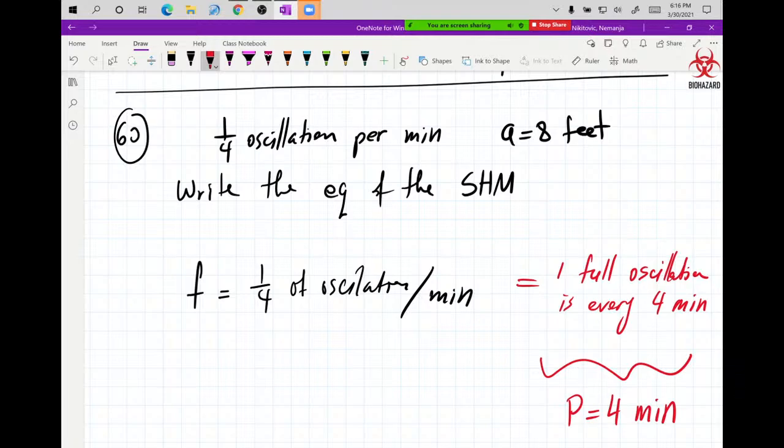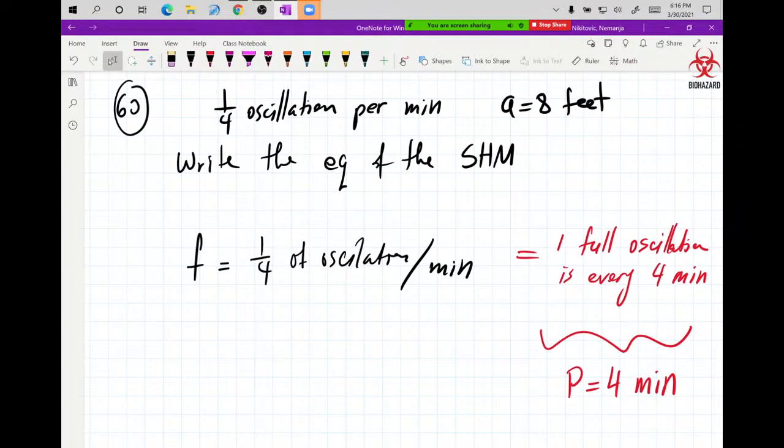Now we're going to take a look at what we have here. One full oscillation every 4 minutes. So they told us to use d equals A sine omega t.